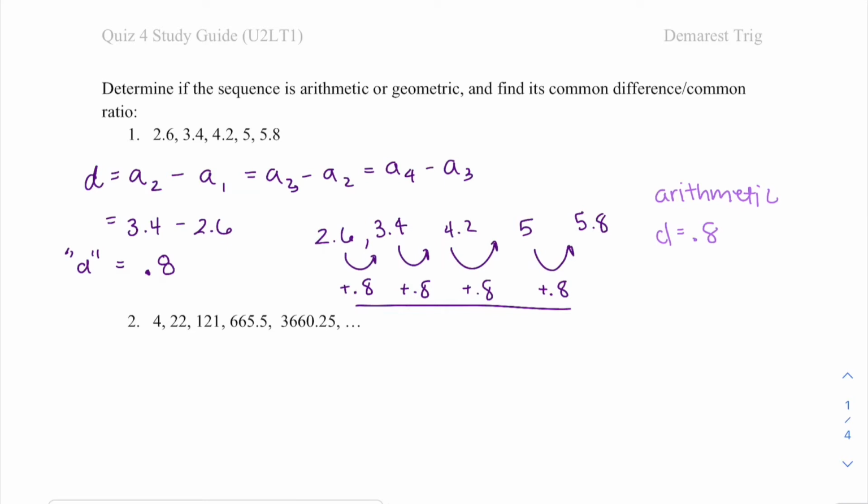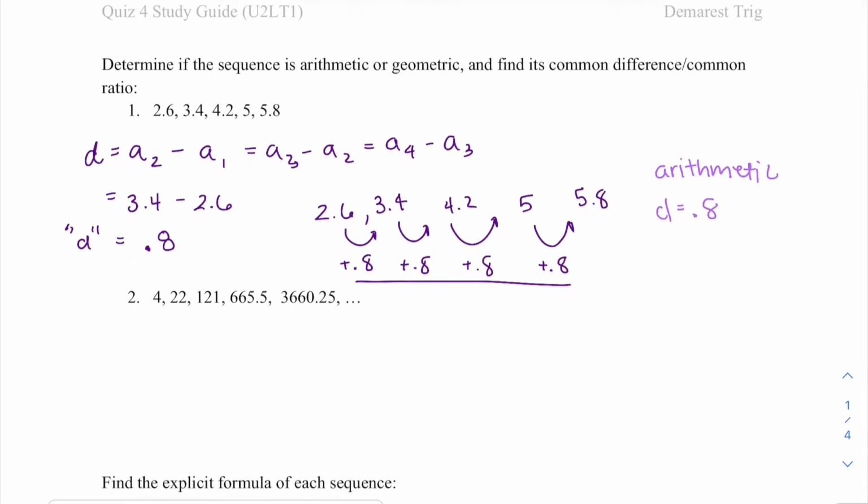Okay. I could have checked to see if it was geometric by looking for a common ratio, but I kind of like to use common sense, look at it and see which one it's more likely to be to narrow down the chances that I waste my time checking for something that's not true. So what I mean by that is if I take a look at this second one, to me, it's clear that the gap is very different, right?